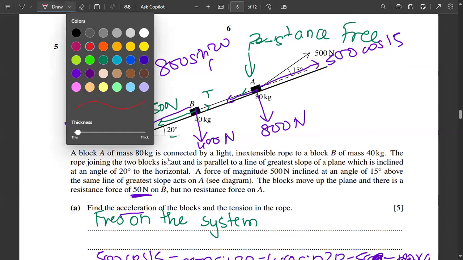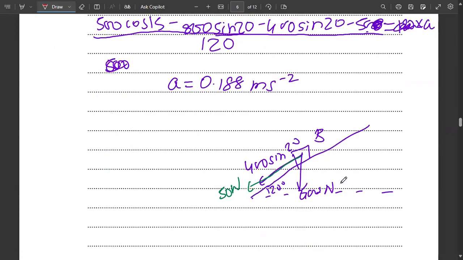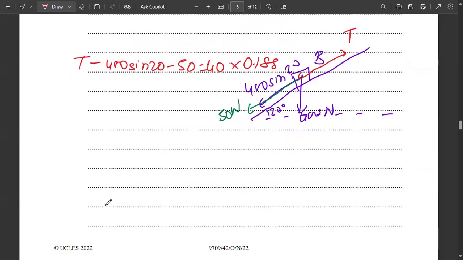So now that we have all of these forces in our hands, we can redraw the free body diagram. The equation will be tension minus 400 sine 20 minus 50 is equal to ma. And what is the mass of this? 40. And acceleration 0.188. Now we just need to rearrange the signs, which is tension is equal to 40 into 0.188 plus 50 plus 400 sine 20.